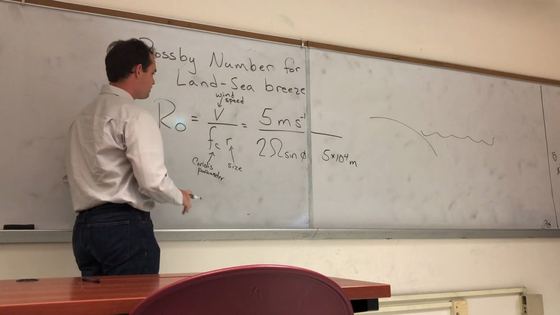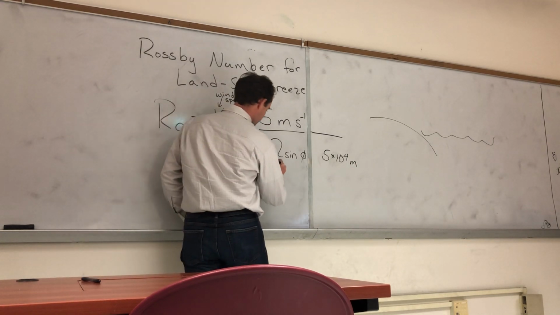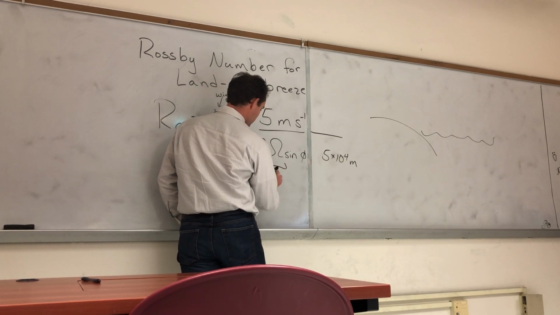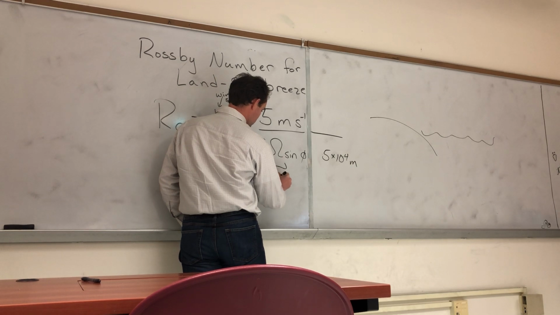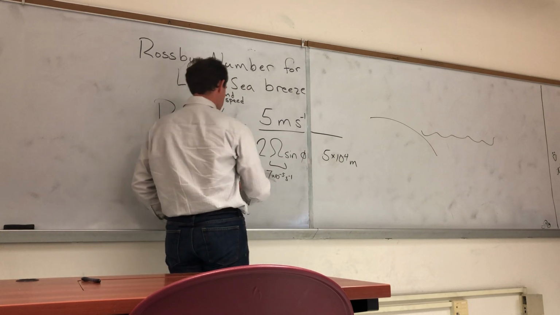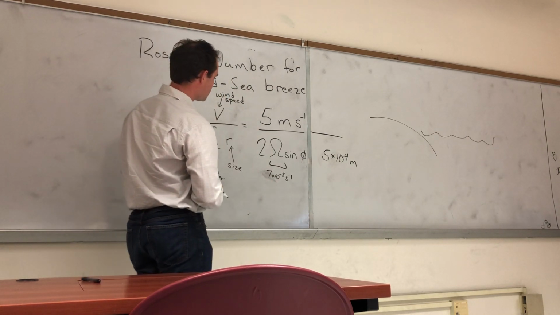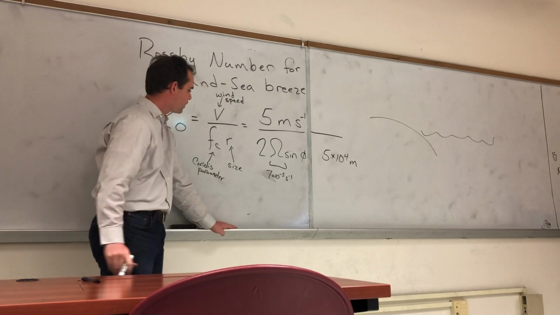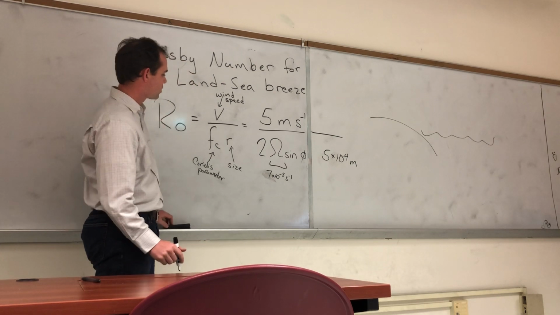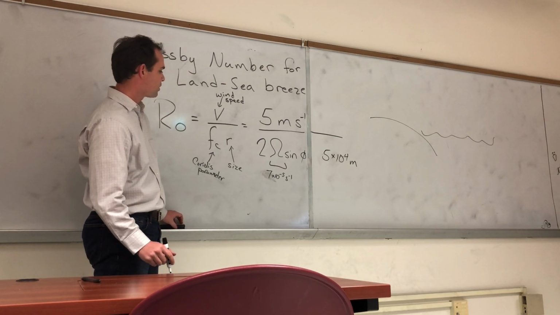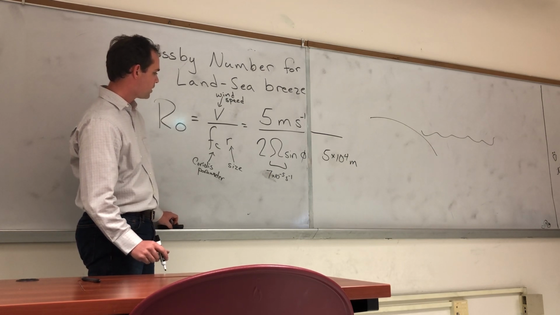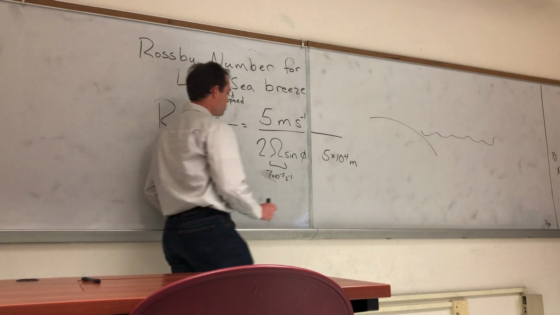And then we have to put in a value for the Coriolis parameter, which is 7 times 10 to the minus 5, and that depends on latitude. We could probably just keep it as 7 times 10 to the minus 5, that would be fine.